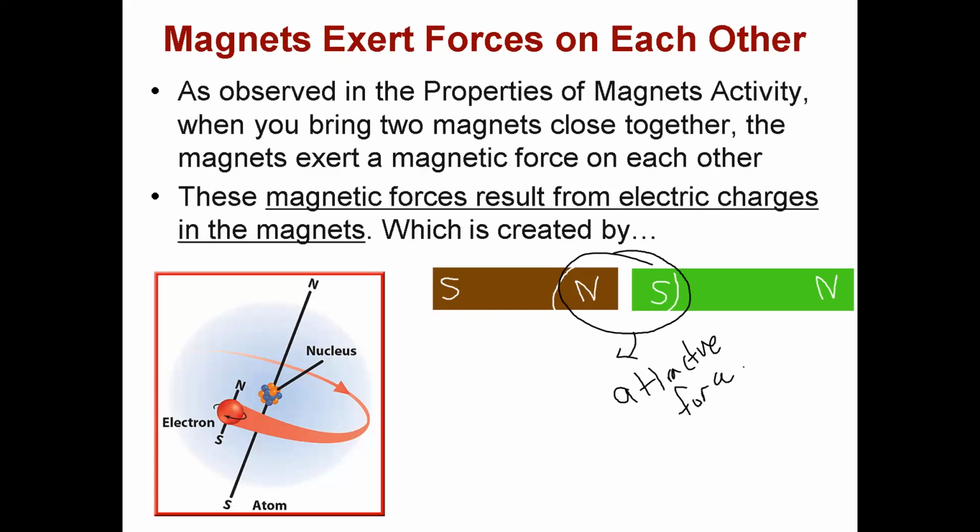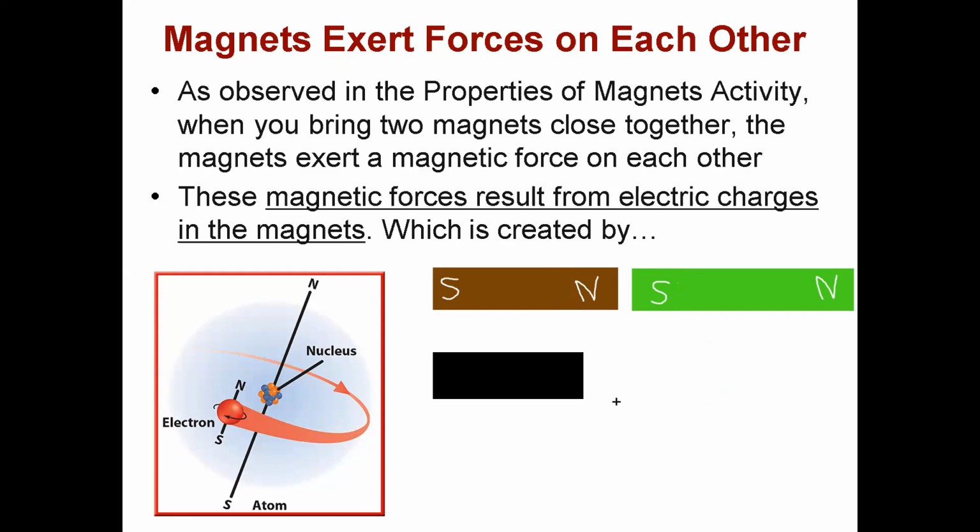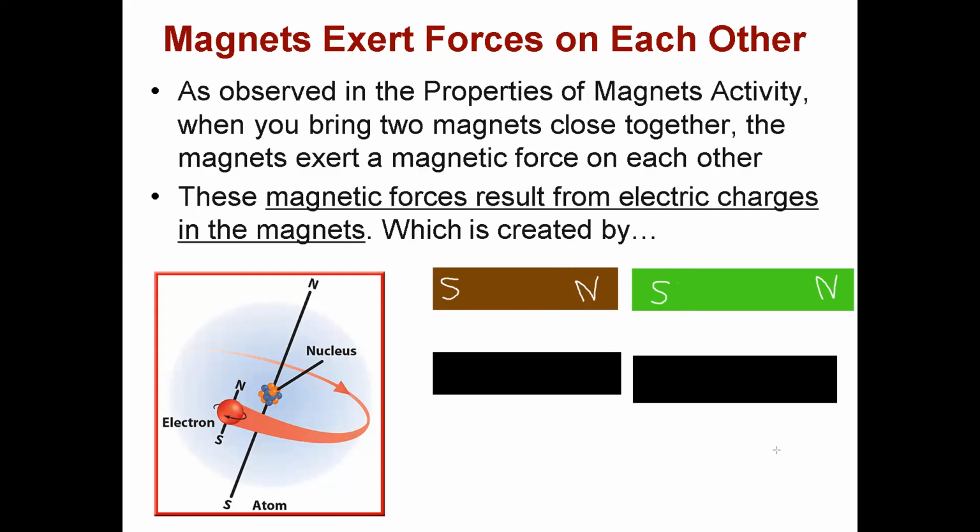But if you bring them together the same, such as this one and the other one, here we have south and north, north and south. And where they are connected, at this point here, we have north and north.